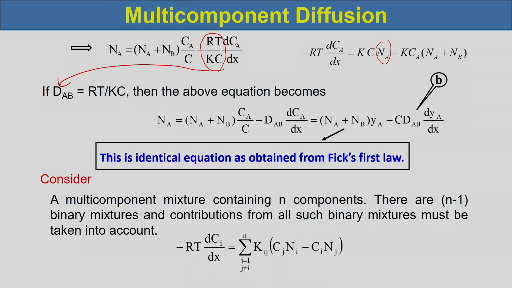So, you can write minus RT dCi/dx equal to the summation over j equal to 1, j not equal to i, to n of k_ij into (C_j N_i minus C_i N_j). This is for a multi-component system.